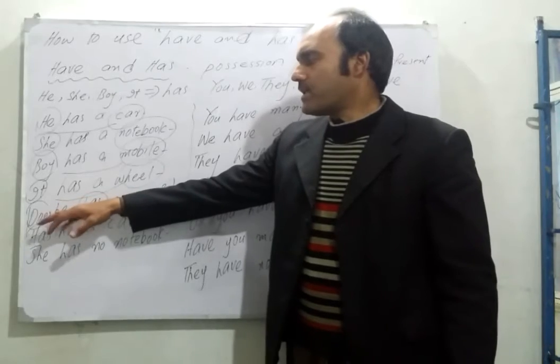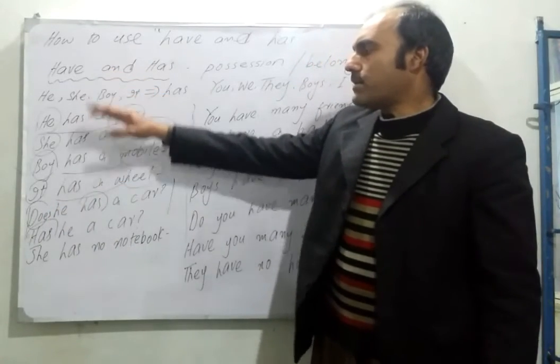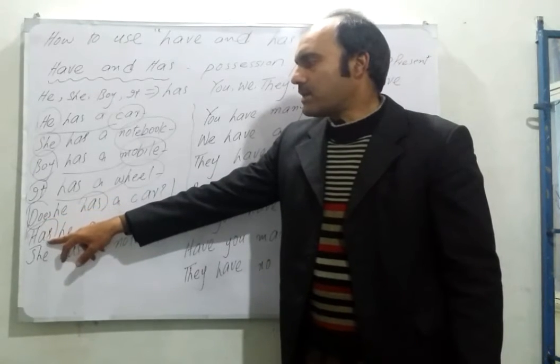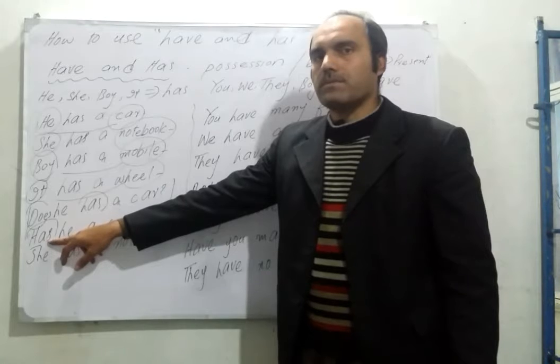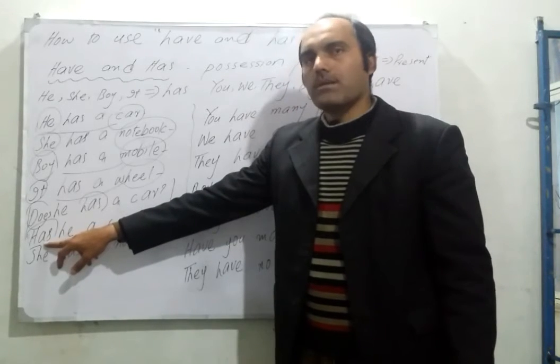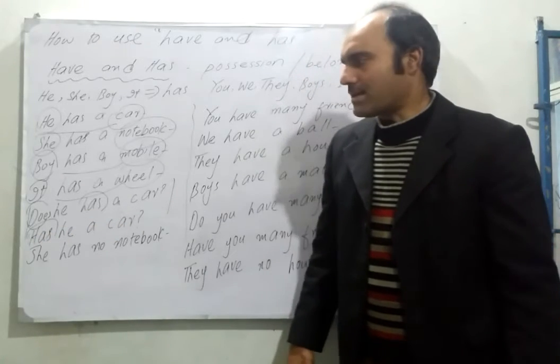Some people make interrogative sentences for have and has in this way, and some people just start interrogative sentences with the use of has at the beginning. So this is up to you. Both are correct.